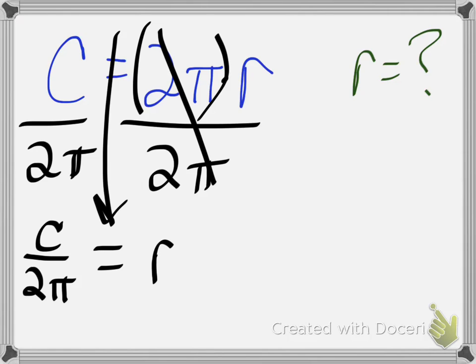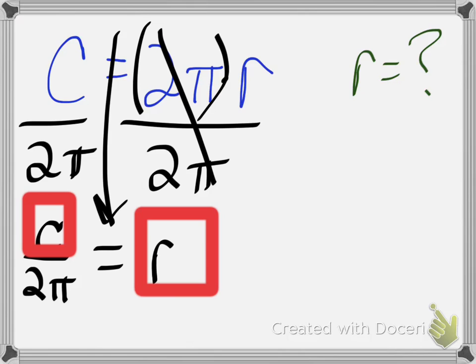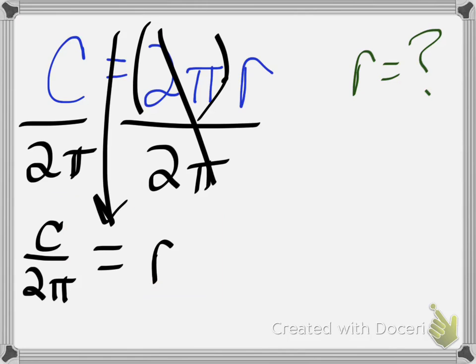Now there's no solving yet. The reason there's not really solving going on, like finding the solution to this equation, is because we have two unknowns. We have an r and a C. We don't know what they are. We're just prepping the formula so that when we do know C or r, we can find the other pretty fast.